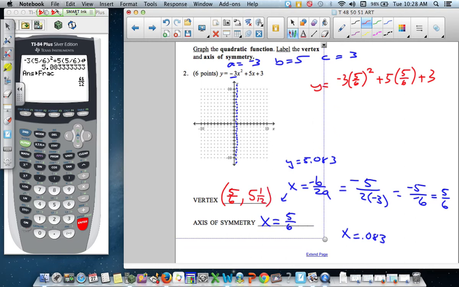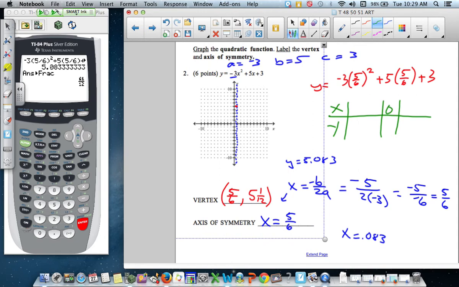So now that, I can tell, is going to be on this line up 1, 2, 3, 4, just a hair above 5. Okay, so now to graph some other points, I need to make my table. Now remember, you can pick the x values for your table. An easy one to pick would be 0.